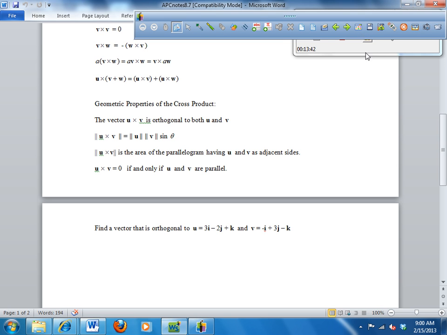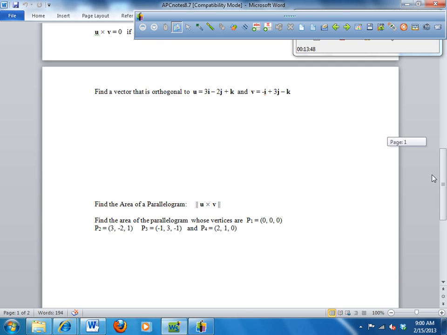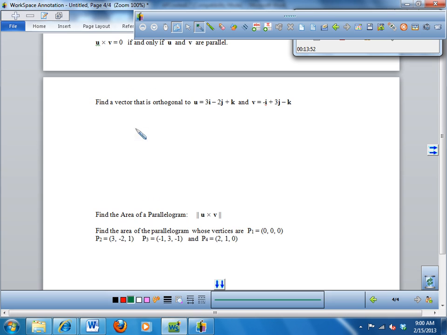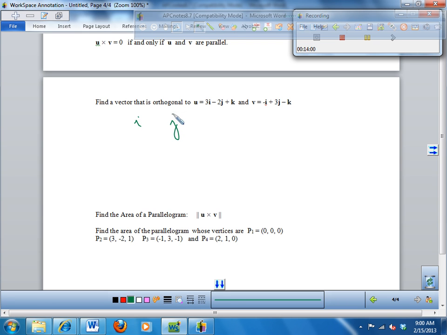So Reed is going to tell me how to do the next one. Go ahead. Do it, Reed. So, what I think you do is first you do the 3, -2, and 1 for the IJK. Okay. And what do you want to find? Oh wait, find a vector orthogonal.